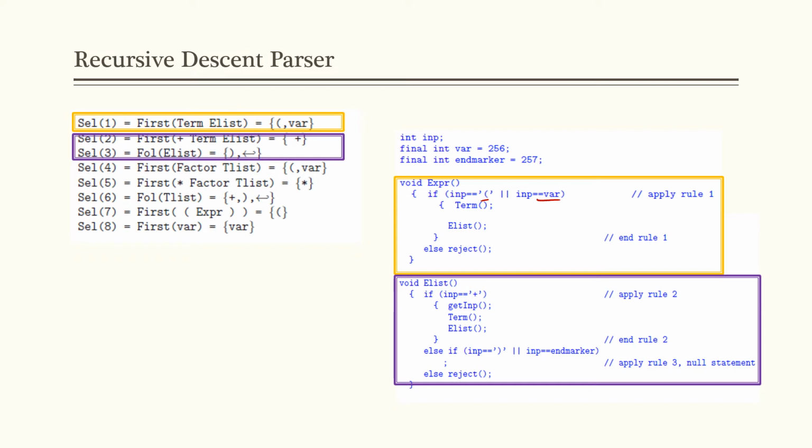Only one thing: if you see a follow statement like in selection set number 3 here, you do something like this. Else if input is a close bracket or the input is the end marker, you do nothing. For follow you do nothing, so you straight away put a semicolon there, meaning you do nothing in that particular fraction of code.